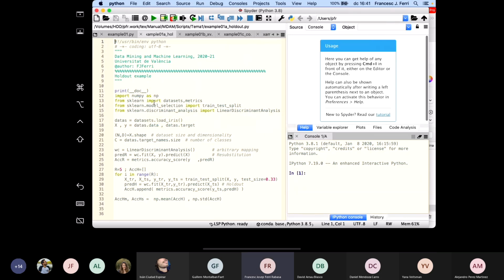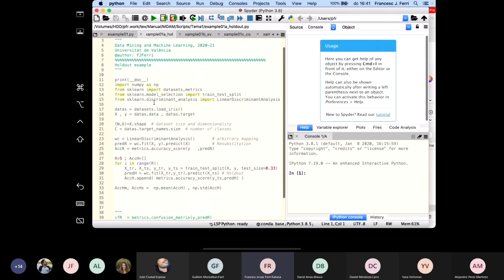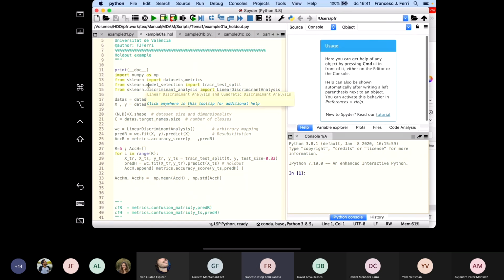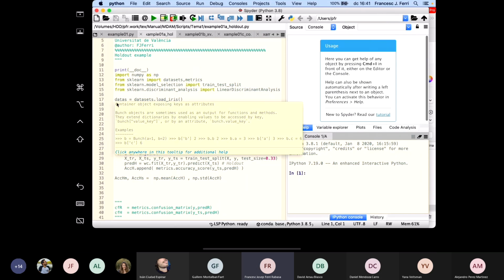Okay. Just to have a quick look. Yeah, I think this will serve us. Okay. This is the toolbox we are going to use. We are not going into details, but we load data.